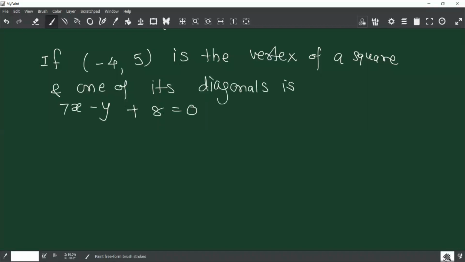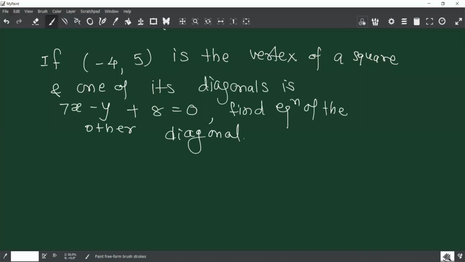You have to find the equation of the other diagonal. This is my sum number 3.